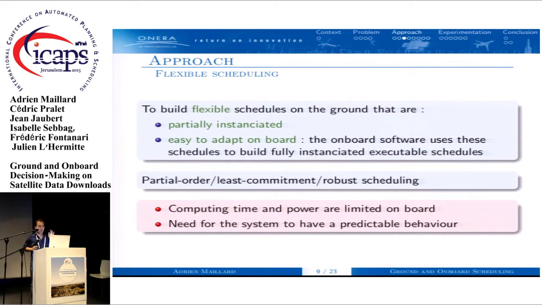The problem is that computing time and power are very limited on board, so we cannot do any complete search or local search; we need a very tractable algorithm on board. We also have a special need for the system to have a predictable behavior. It means that we need to ensure that some of the observations will be downloaded, and where they will be downloaded.